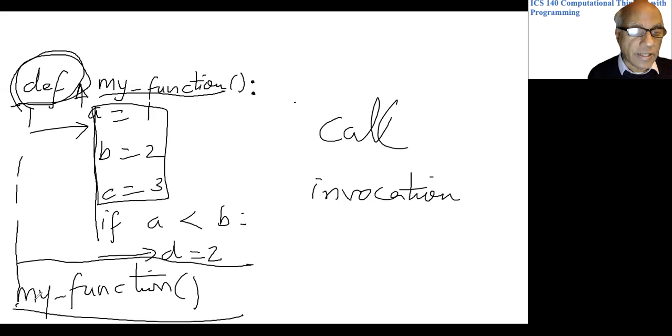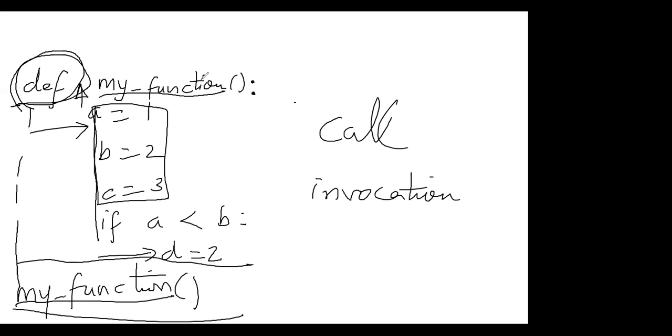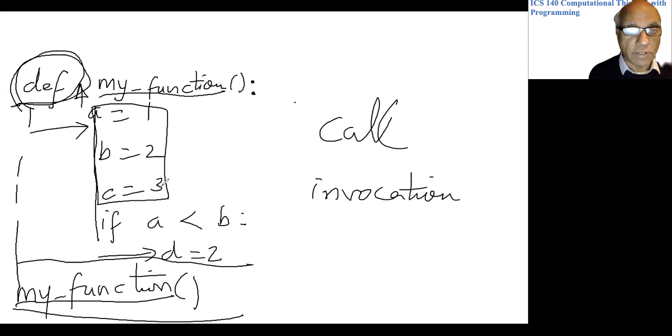The last line is calling this function. Yep. So it is all calling or invoking the function. That is the only way to get this code executed. So my_function with parentheses tells Python that this function should be executed. So Python goes here and executes all these statements and comes back.